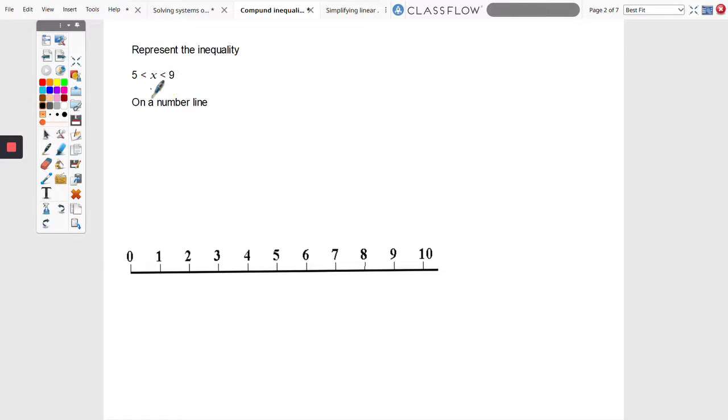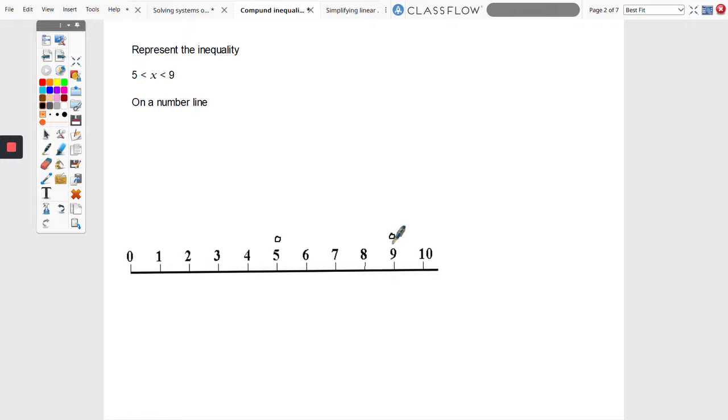So when I just have a less than or greater than sign, rather than a less than or equal to, or a greater than or equal to sign, I'm going to draw open circles. So above the 5, I'm going to draw an open circle, and that's going to show me that 5 is not part of the set of values that satisfies that inequality.